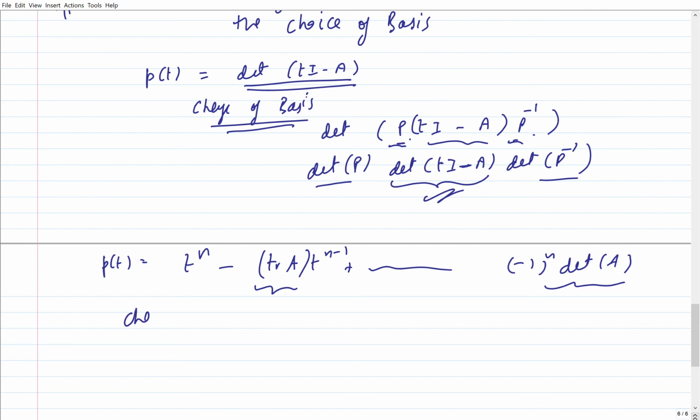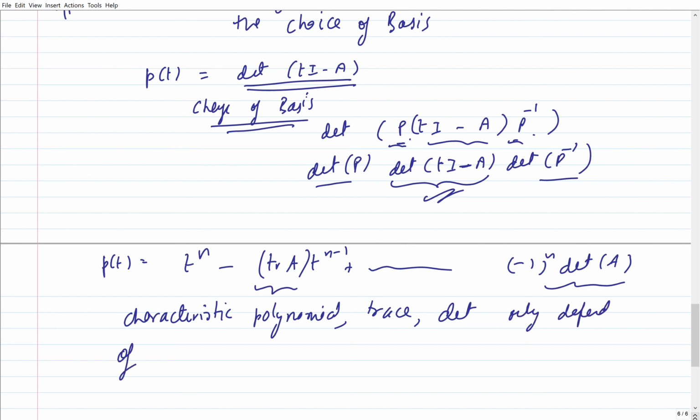So the characteristic polynomial, trace and determinant only depend on, since it's a function of the eigenvalues, the operator T, and are independent of the basis.